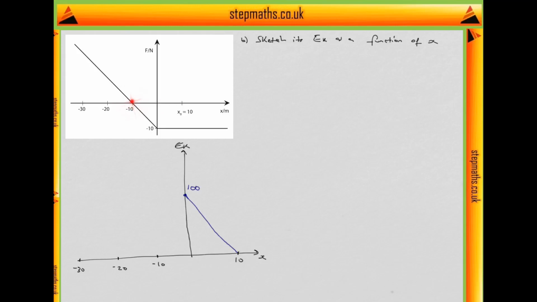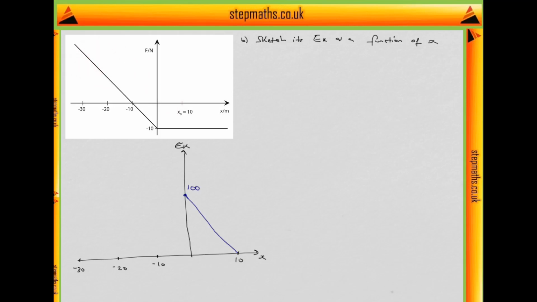But at this point here, the force suddenly changes to a positive force acting in the positive direction. So in fact, as our particle is moving in the left-hand direction, it's going to be decelerating and continually decelerating up to a point where the work done by this force is equal to the work that was done here and accelerating it. So there's going to be a point where the kinetic energy is actually 0.